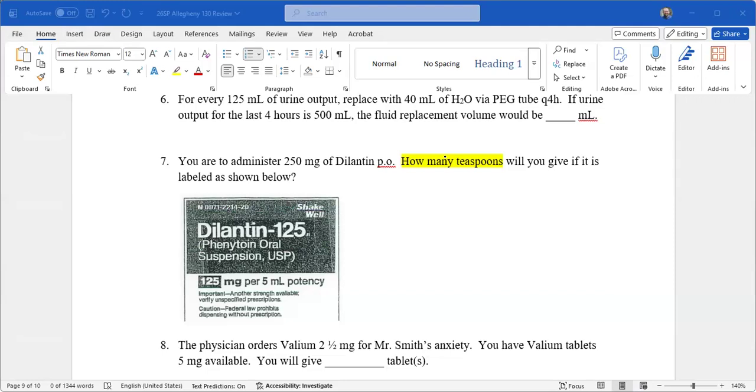So first of all, here's my order. Here's my available. 5 mLs is the same thing, so a teaspoon is equal to 5 ml, right? Instead of writing out the 5 ml, I'm going to do my order over my available, and then my quantity will just be the 1 teaspoon.